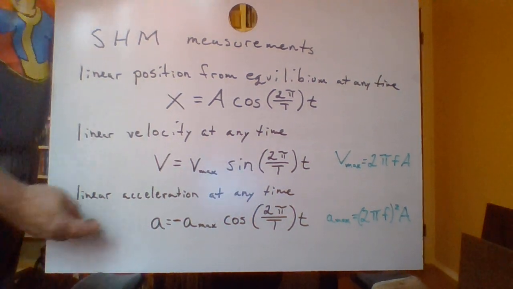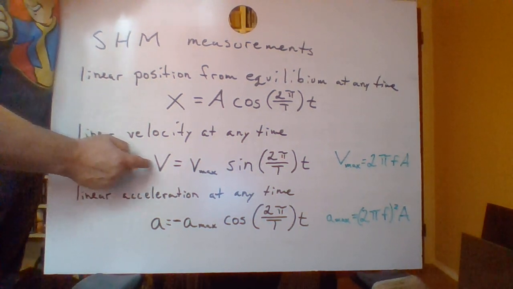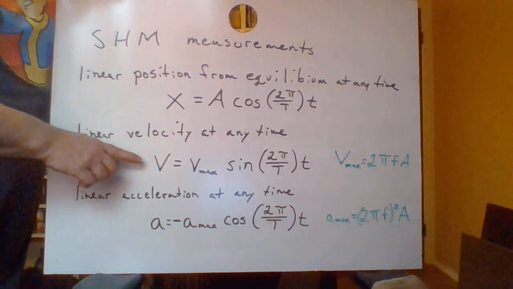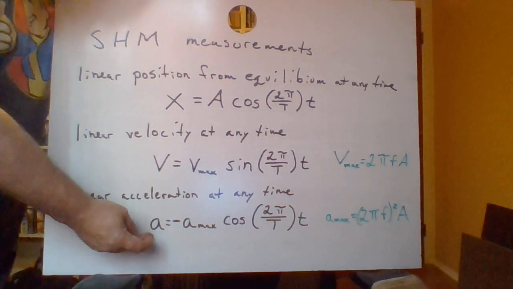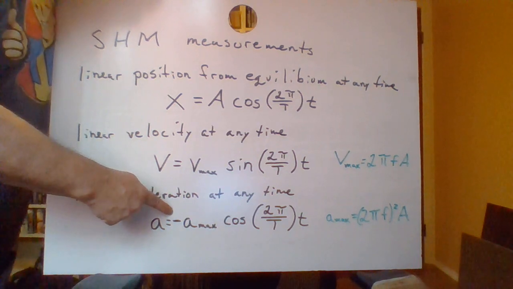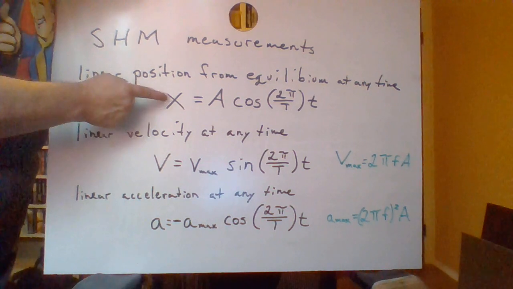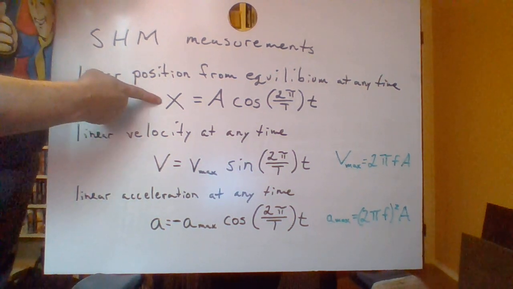The acceleration, how quickly this is changing from Vmax to another velocity within that cycle. How quickly that's changing depends. Notice the negative sign here? This means that the direction is always opposite to its displacement.